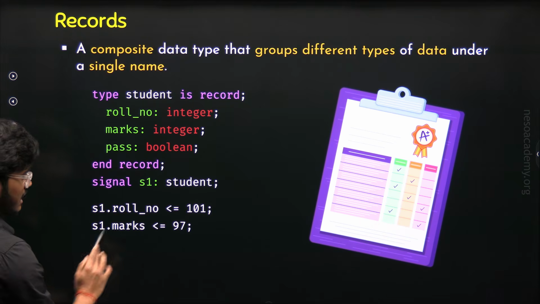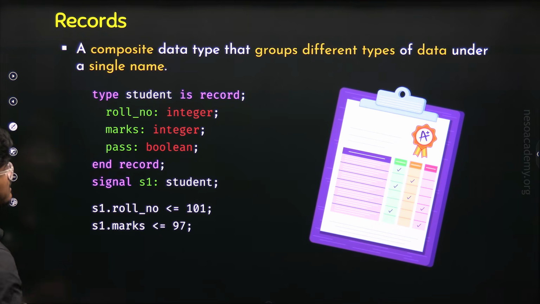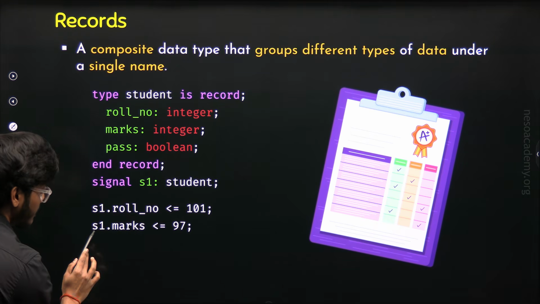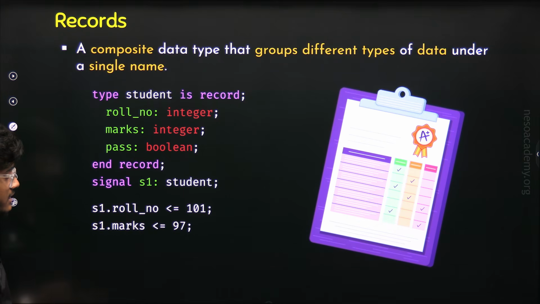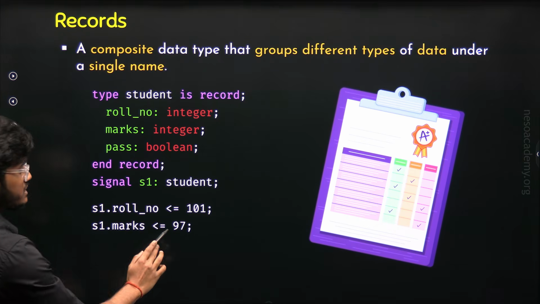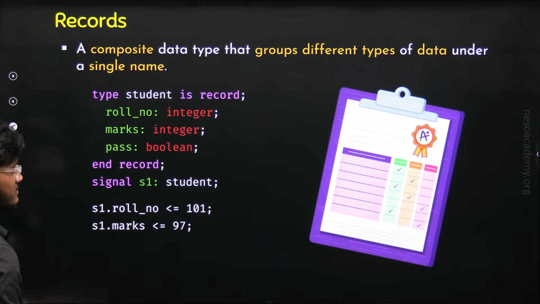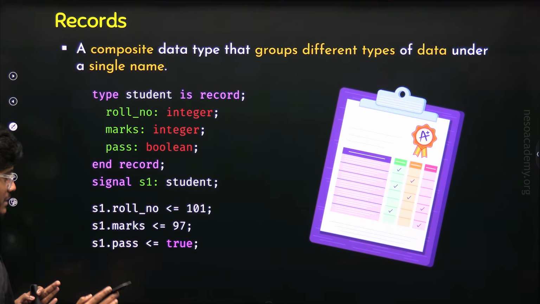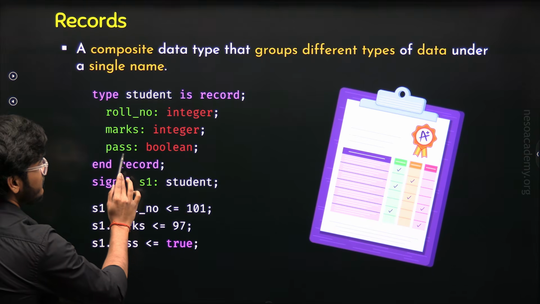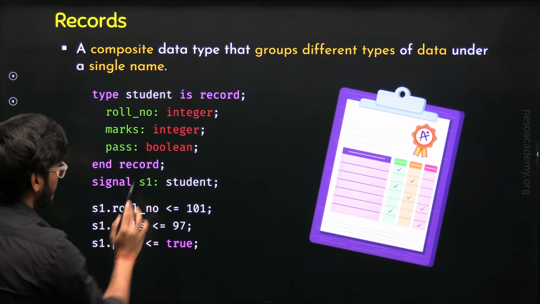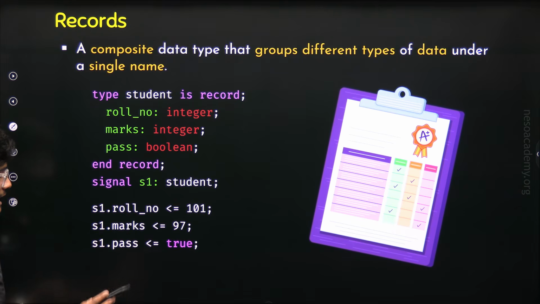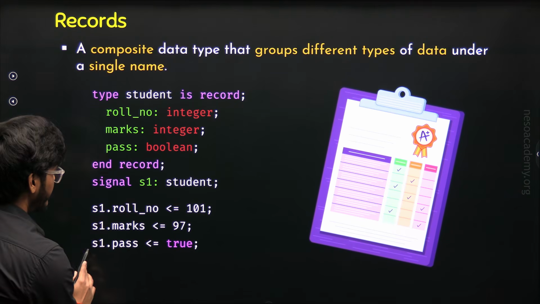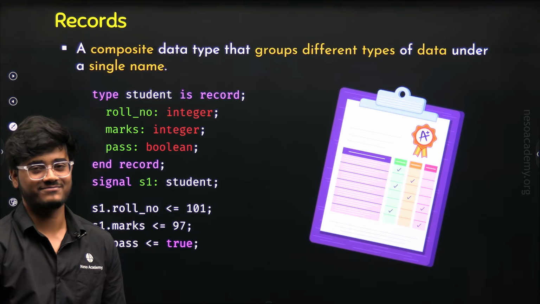S1 dot marks means access the marks field from the student record for the student S1 and assign a fixed integer value, which is 97. And the last one, S1 dot pass, means access the pass field from the student record for the student S1 and assign the value true, meaning the student S1 has passed.